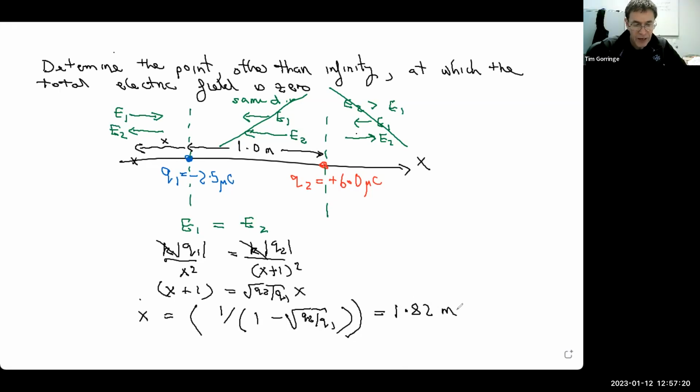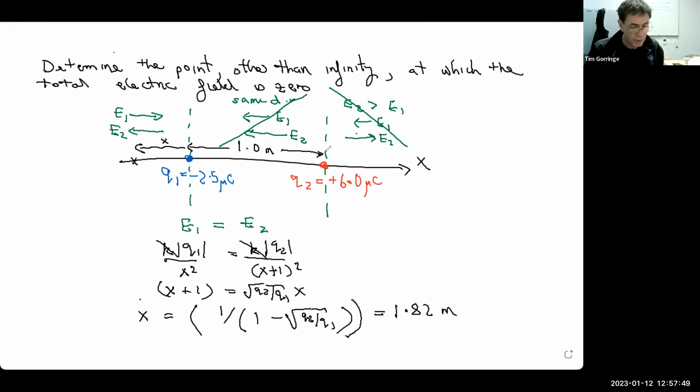That's the distance of this field point from the position of the first charge at which the two fields cancel. So I really haven't drawn this picture to scale in light of this result. This x is roughly 1.8 meters, and the distance to the right-hand charge is 2.8 meters. And that's the solution to the problem.